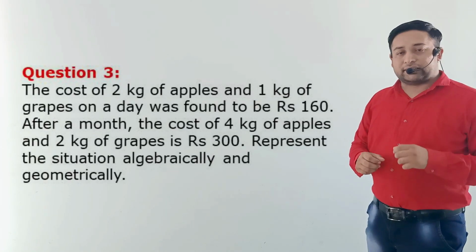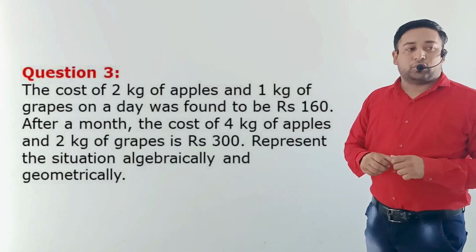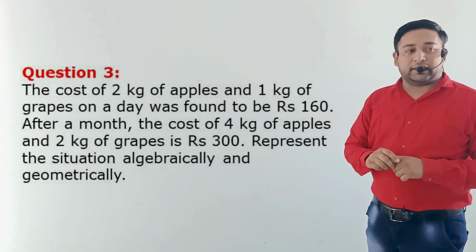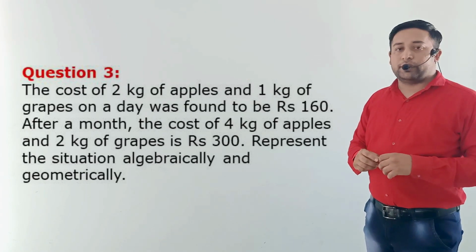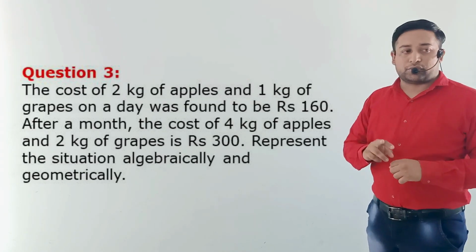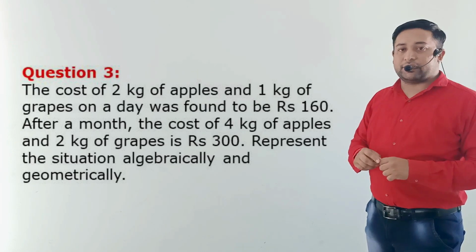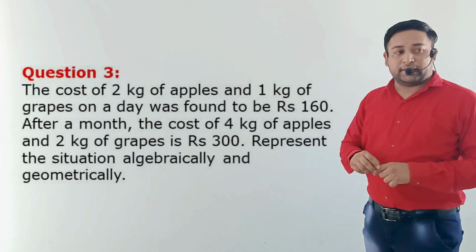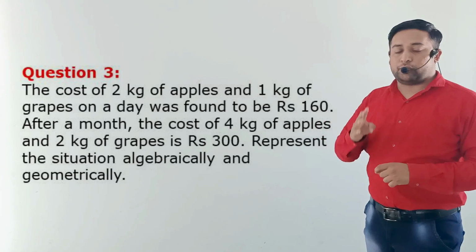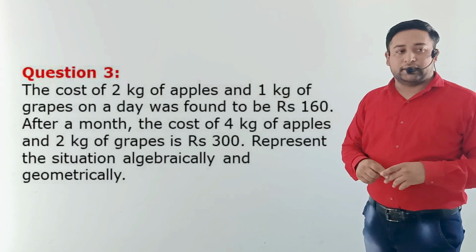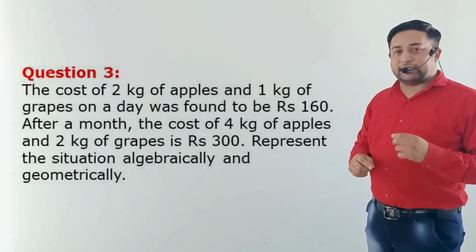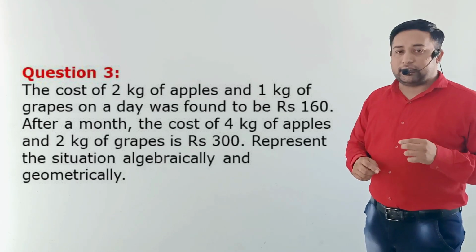Question number 3 says, the cost of 2 kg apples and 1 kg of grapes on a day was found to be rupees 160. After a month, the cost of 4 kg apples and 2 kg of grapes is 300. Represent this situation algebraically and graphically.